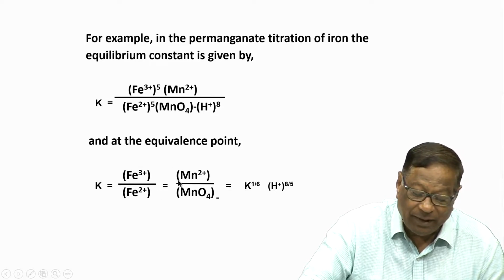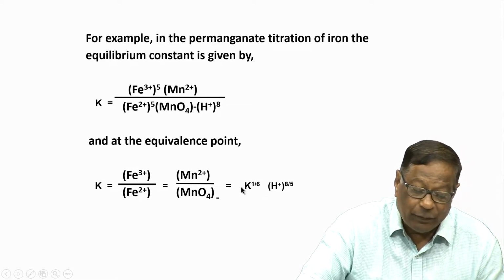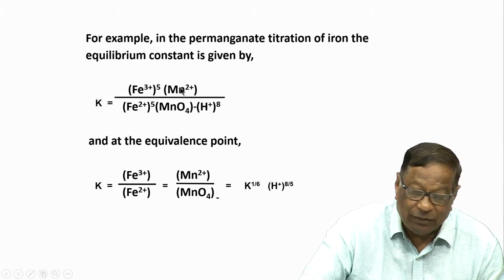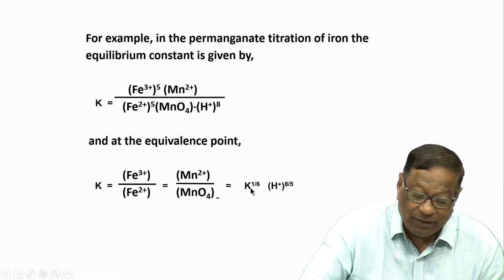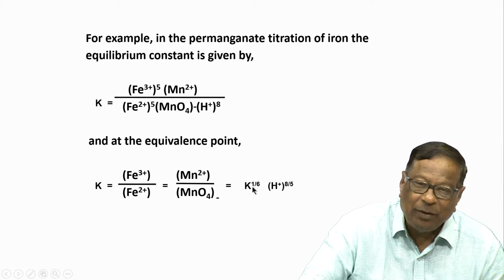So, the total species is 5 here, 1 here. So, it should be 6. So, for any species the concentration ratio of the oxidant to reductant should be 1/6 of the equilibrium constant, total 6 ions.